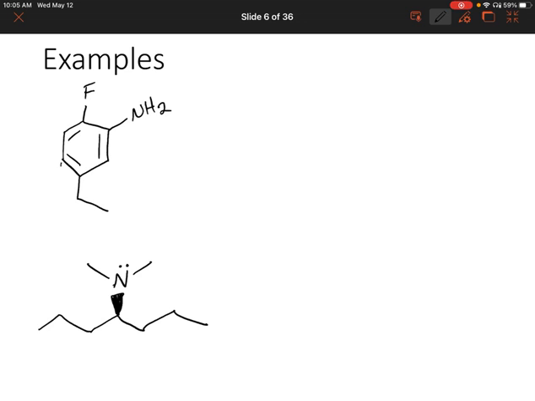So for the top molecule, we do have that amino group attached to benzene. And remember earlier we said that that was called aniline. So that's kind of our quote-unquote parent chain. So now we just have to figure out where the other substituents are located relative to that amino group.